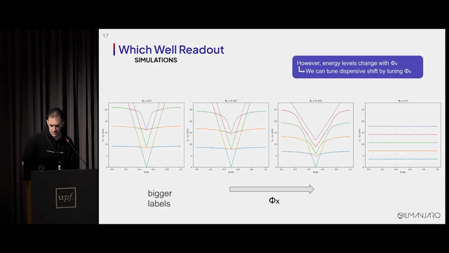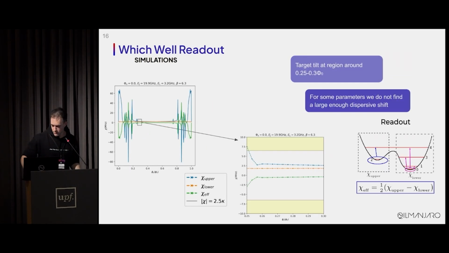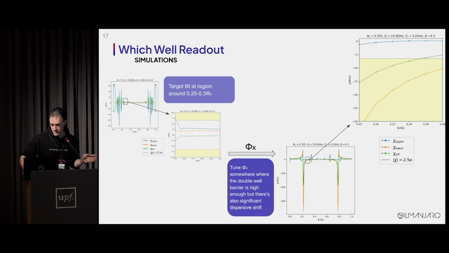What you can do then is, because you have tunability of the X loop, it not only tunes the barrier, but it also tunes the spacing between the energy levels of the qubit. So by changing phi X, we can change this spacing, and if we move phi X to around 0.35 phi naught, we can actually find a region where we get this effective dispersive shift high enough that we can resolve it.